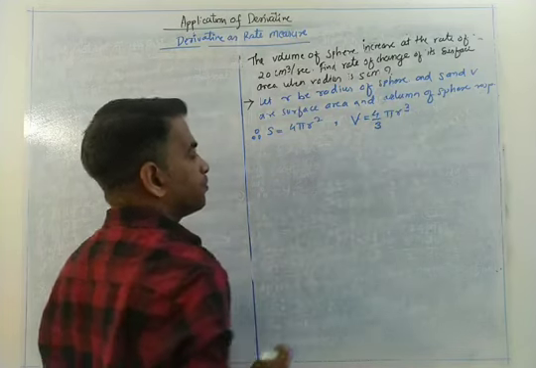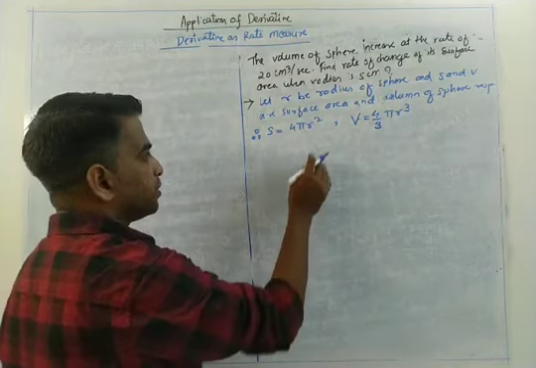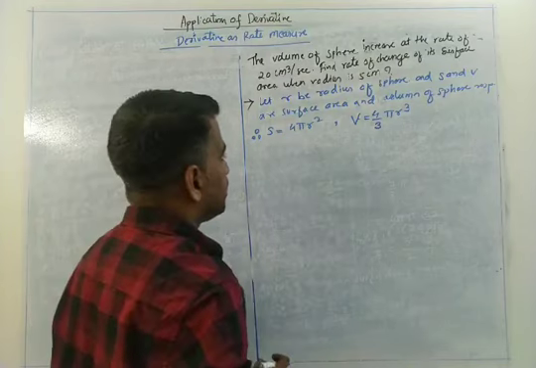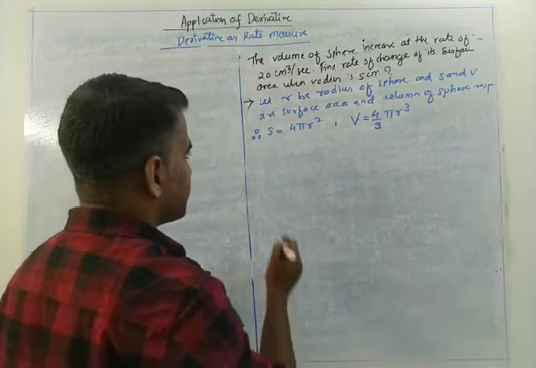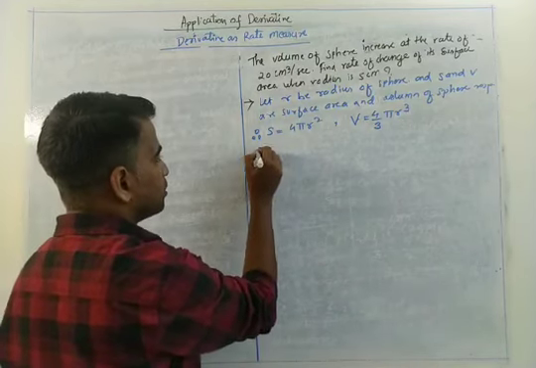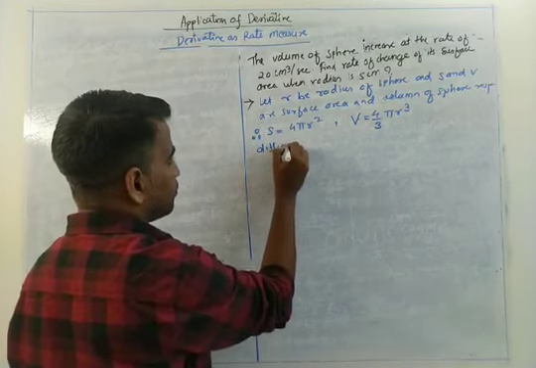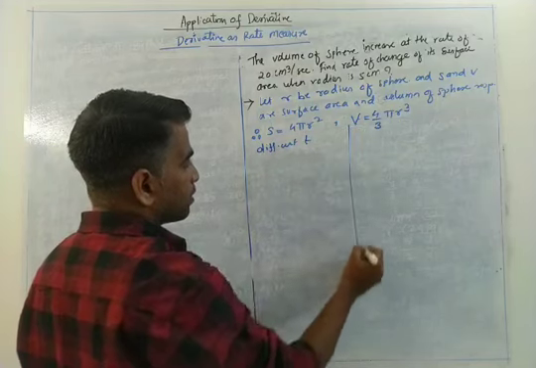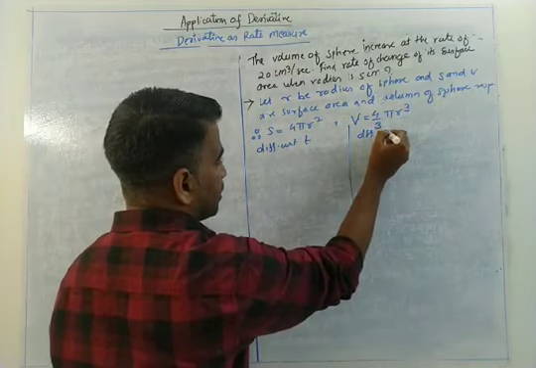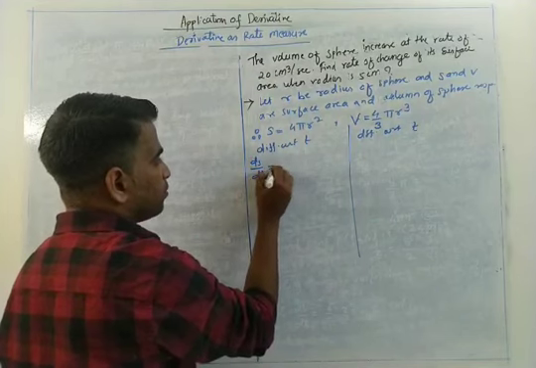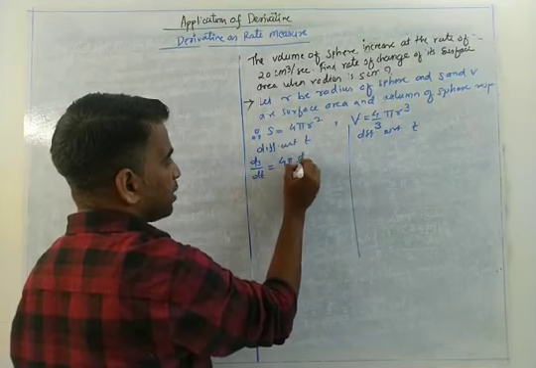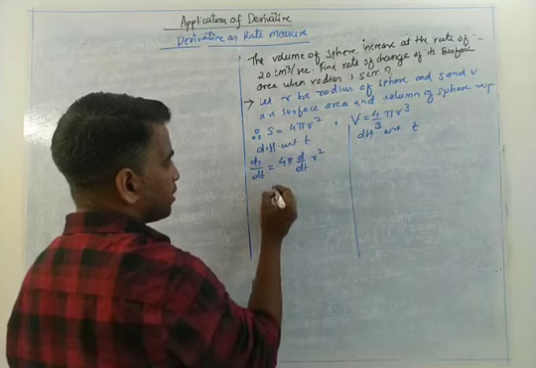Okay, so let's begin with finding dS by dt and dV by dt, the change in surface area and change in volume. So first differentiate S with respect to t, and volume V with respect to t. So dS by dt is equal to 4 pi d by dt of r square.